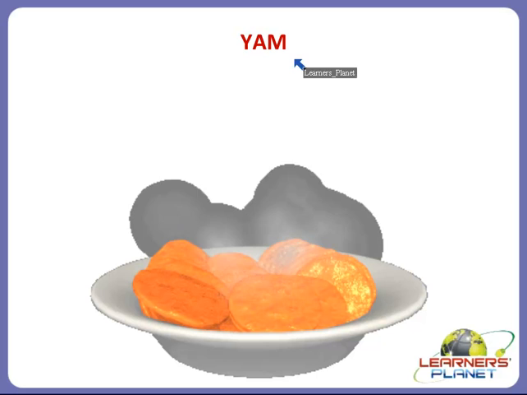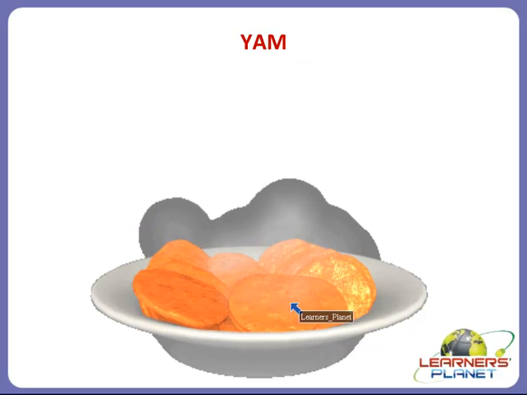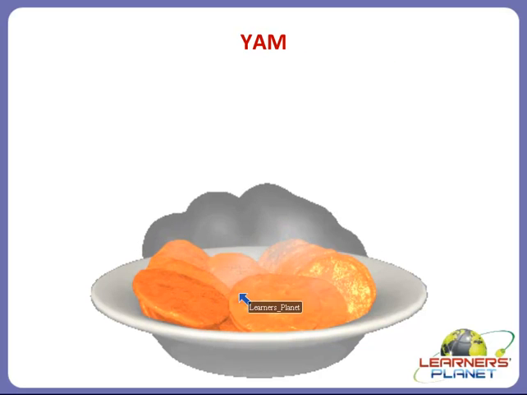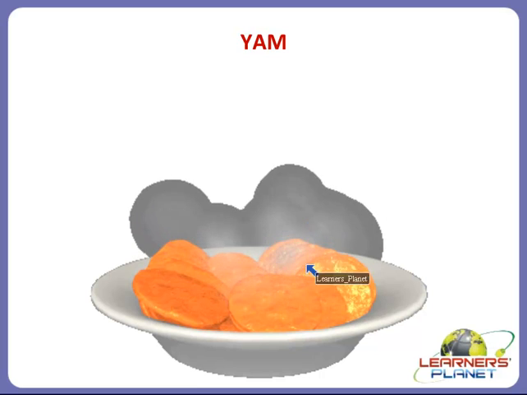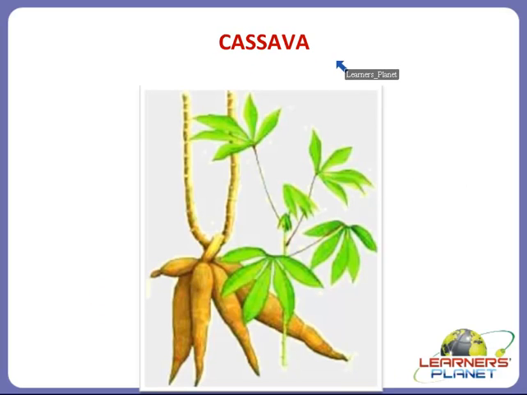So this is a picture of the cooked yam. We can eat this as a vegetable also. Then cassava. As you can see here, there are also some roots present in the cassava plant, right? So these roots are helpful to grow or germinate into a new cassava plant, right?